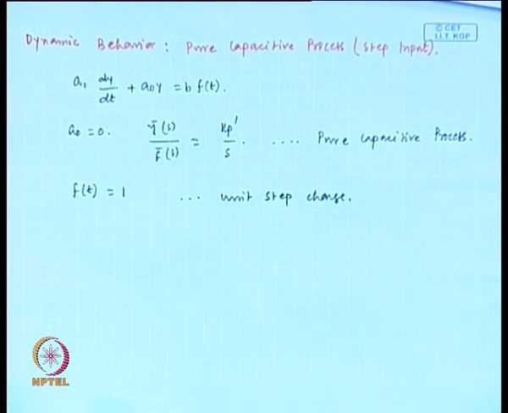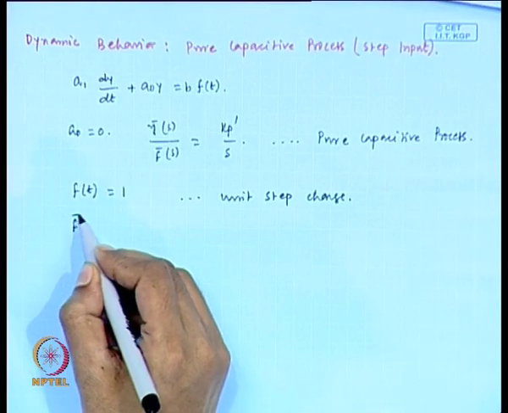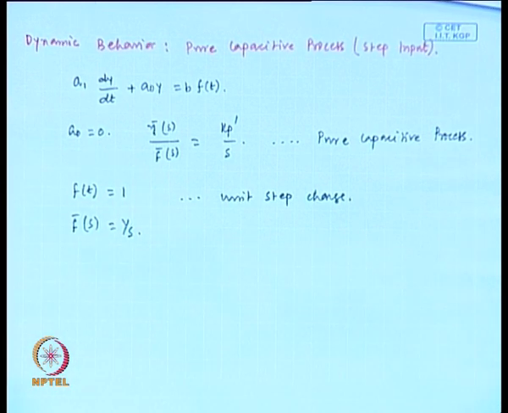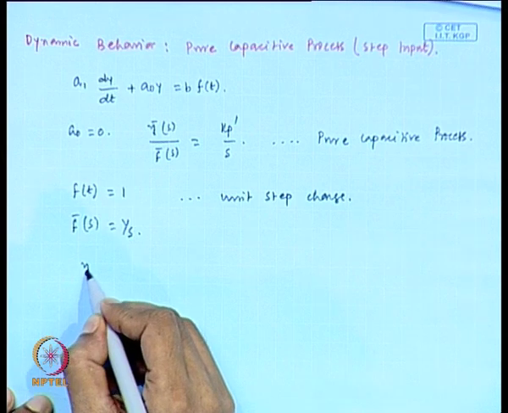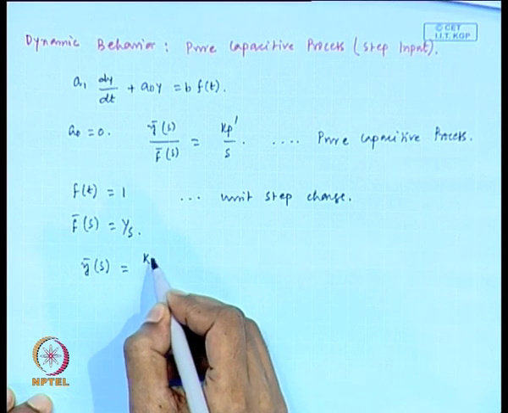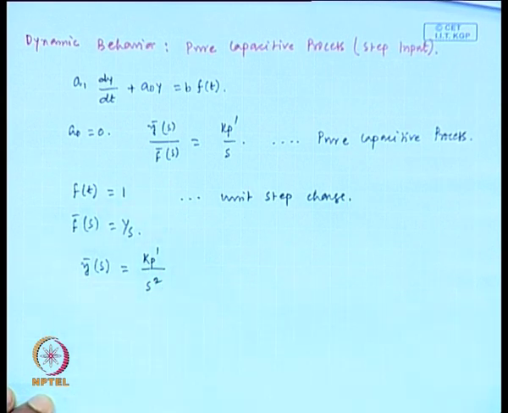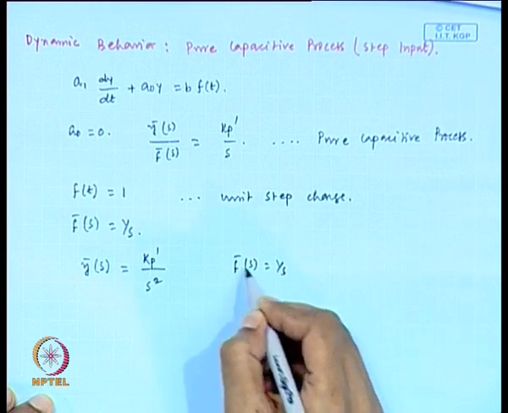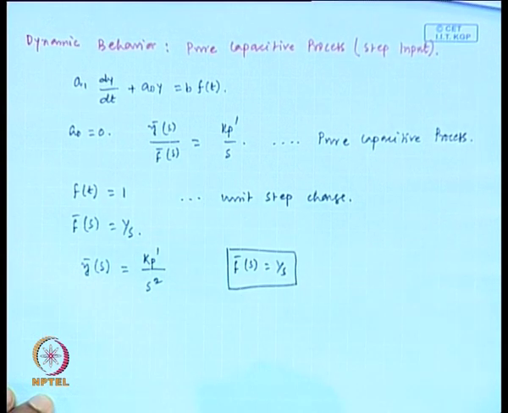To observe the transient behavior of a process, we need to introduce some change in the input variable. So, for that we are considering a unit step change. So, in Laplace domain we can write this as 1 by s, fine. Then what will be Y bar(s)? Y bar(s) becomes K_p prime divided by s square, because F bar(s) equals 1 by s, fine.